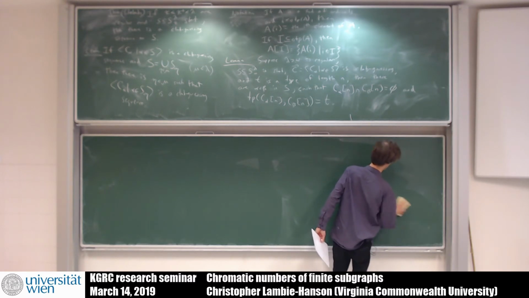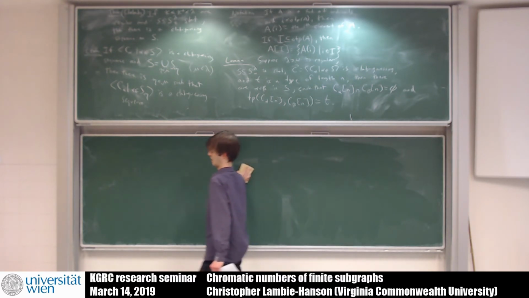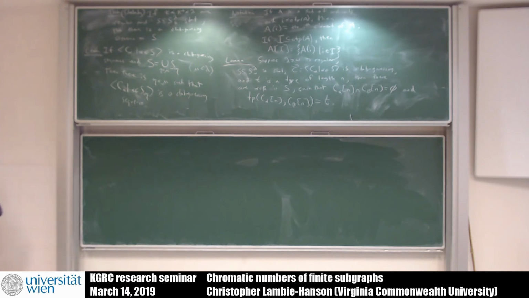You can almost get this without club guessing, right? I mean, you'll have some small error. There's going to be k such that C_alpha[k, k+n) and so on, for beta. You can get this without club guessing, but in our eventual proof we're going to need something stronger than this.